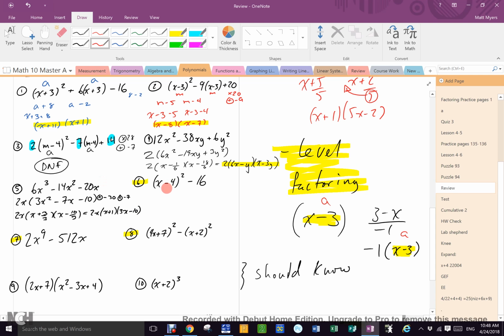This one is a, so it's a plus 4, a minus 4, but it's x minus 4 plus 4, x minus 4 minus 4, which is x, x minus 8.